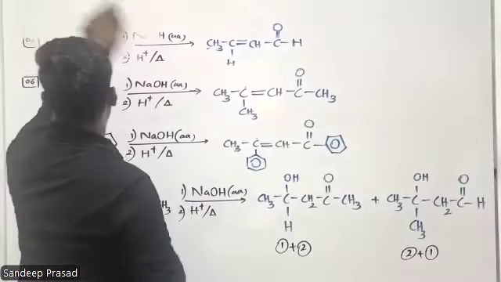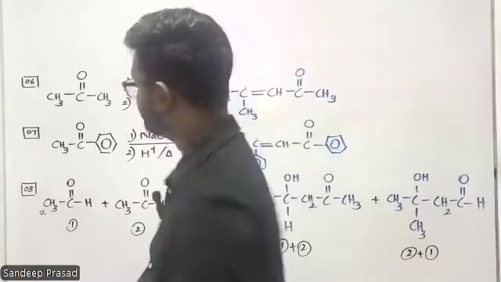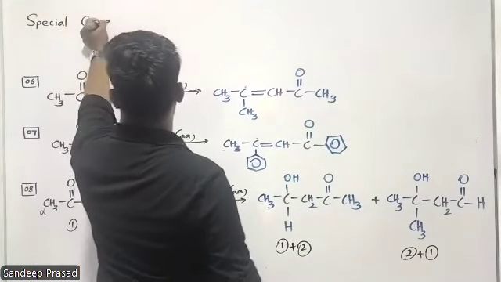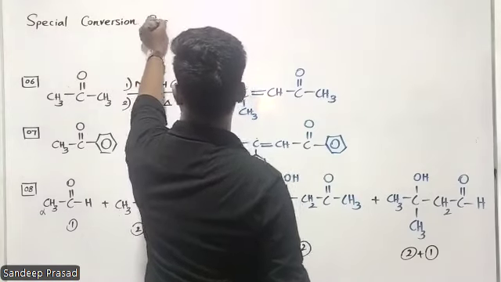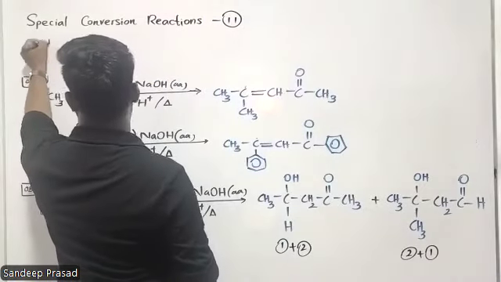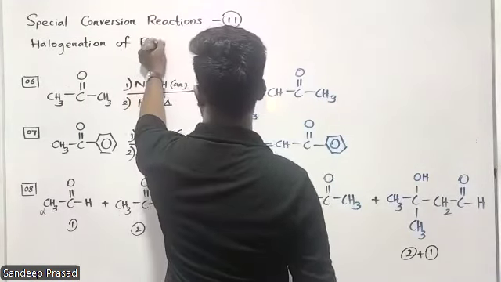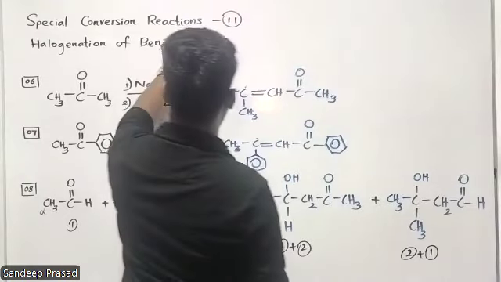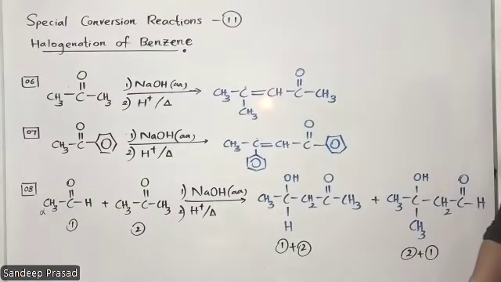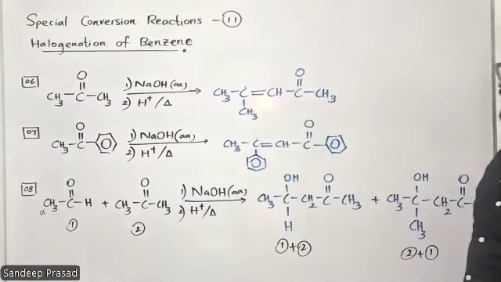So write on the topic: special conversion reaction number 11, halogenation of benzene. Quickly.